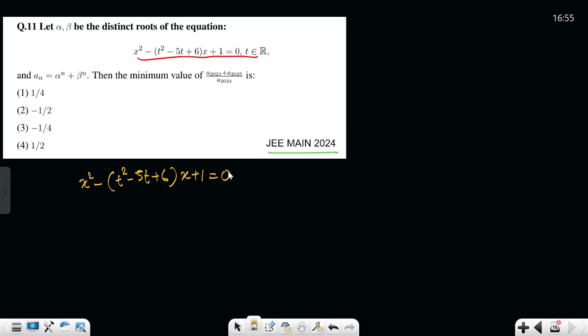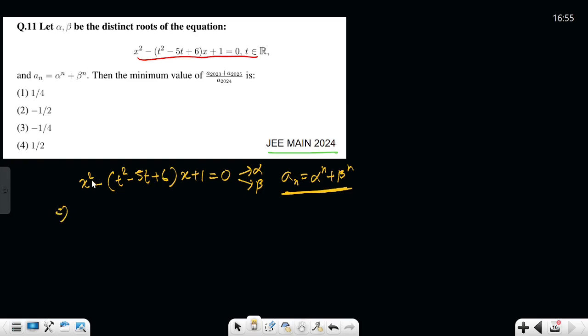So alpha and beta are the roots of the equation. Now a relation is again given that An is equal to alpha to the power n plus beta to the power n.